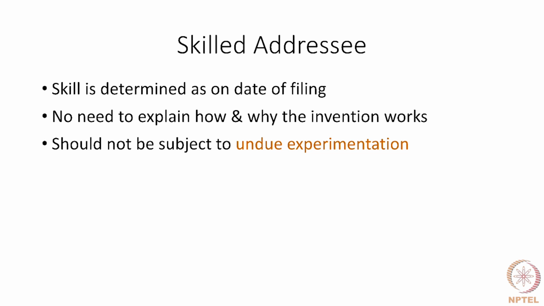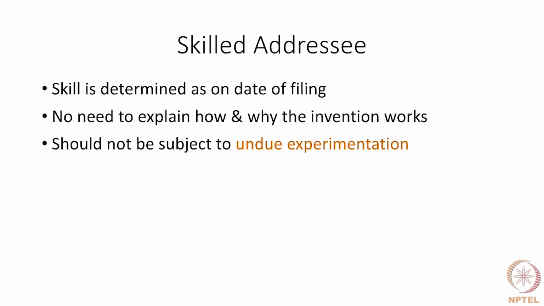Now, undue experimentation is when a person reads the specification and still is not able to perform the invention, and he is required to carry out certain experiments to attain the invention. So undue experimentation means experimentation which is more than what is usually required.